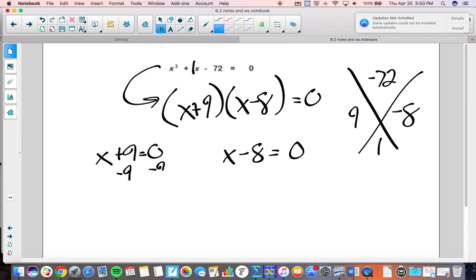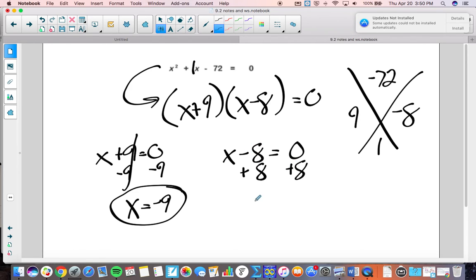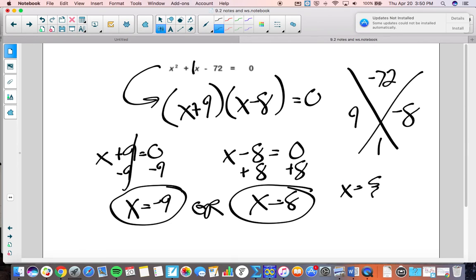Or solve for x. Cancels. X equals negative 9. Set this one equal to 0. Undo subtracting 8 by adding 8. X equals 8. So we can do this fancy thing if you want to. X equals fancy bracket. Fancy pants. Boom. Either one of these 2 options are cool.